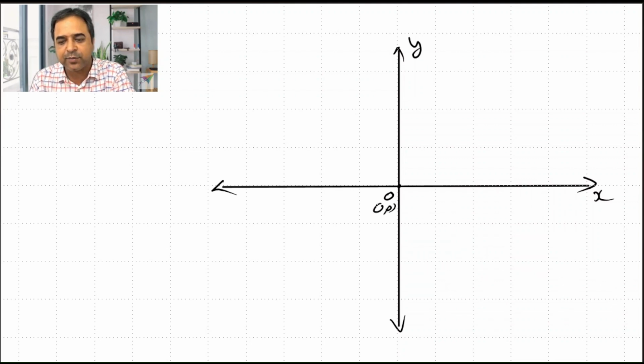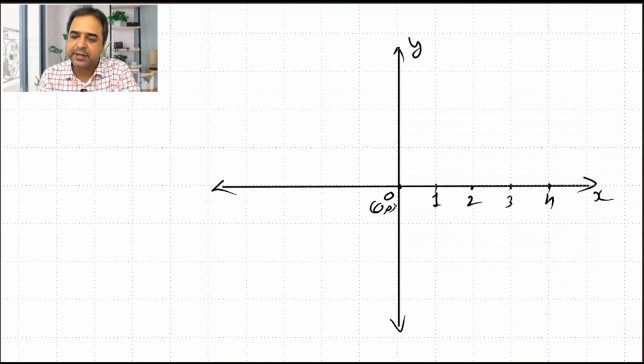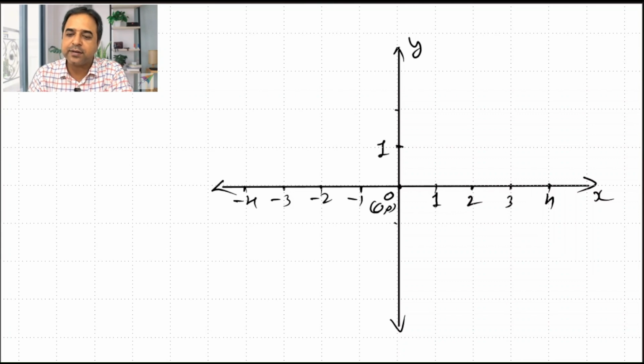Its coordinates will be (0,0). If I plot 1, 2, 3 and 4, same way on the left hand side we put -1, -2, -3 and -4. Here we are putting it as 1.